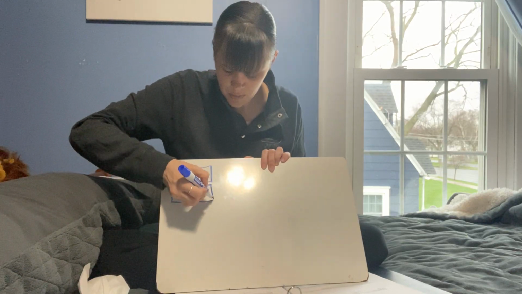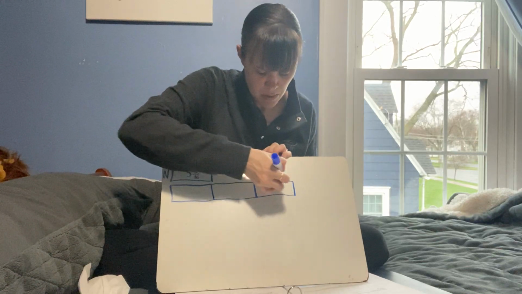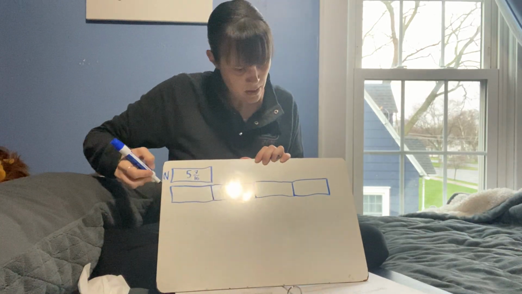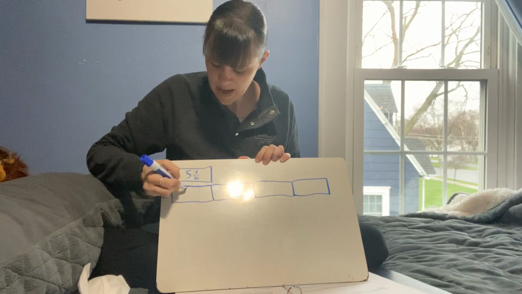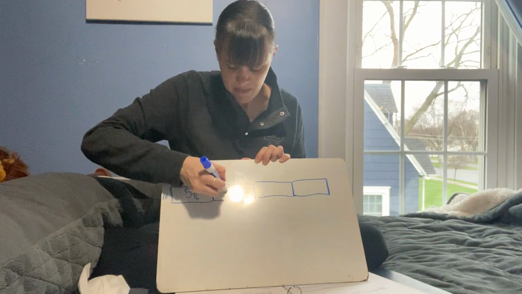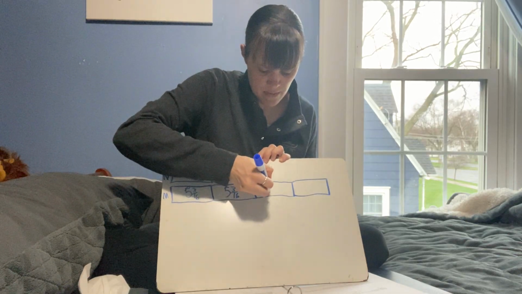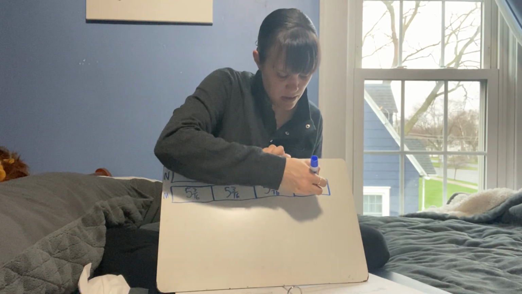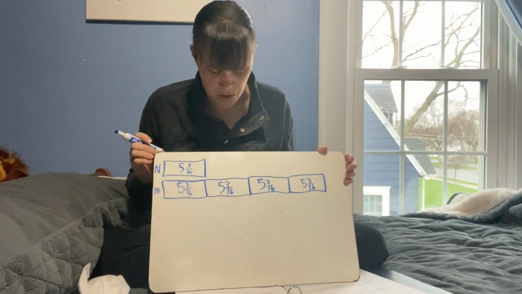So we draw 4 of these: 1, 2, 3, 4. What's her name again? Maya. So it's 5 3/16, 5 3/16, 5 3/16, 5 3/16. How much shorter was Natasha's sculpture?